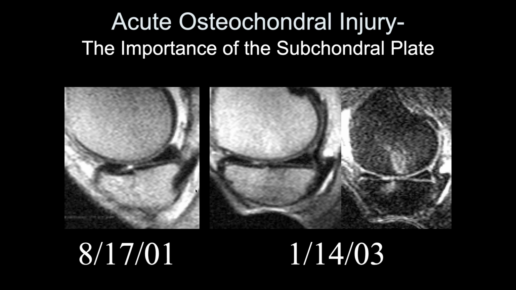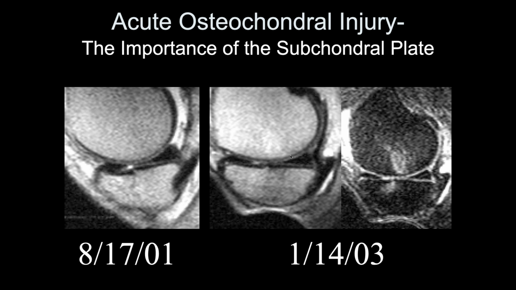Looks like there could be also a fracture of the tibial plateau. I can't tell on these two images. But then on the 2003 exam, we can see progressive overlying full thickness chondral loss with surrounding edema. This was one injury, I think.